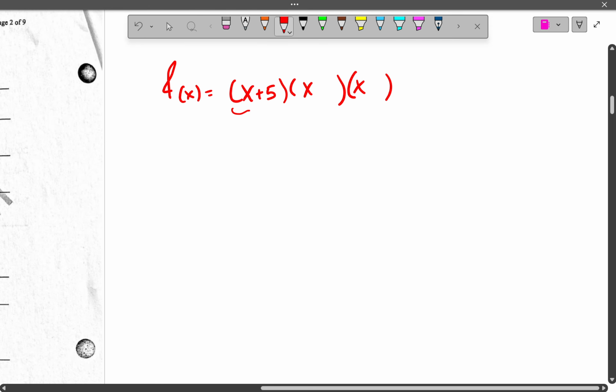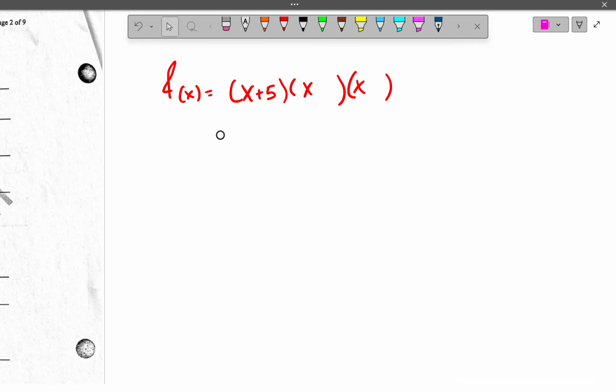For this first factor, if we let x equal -5 here, I'll have -5 plus 5, and this will be 0. So this first factor will be 0 times something and something, and it doesn't matter whatever is in these other two factors, because this first one is 0, and 0 times anything will always be 0.